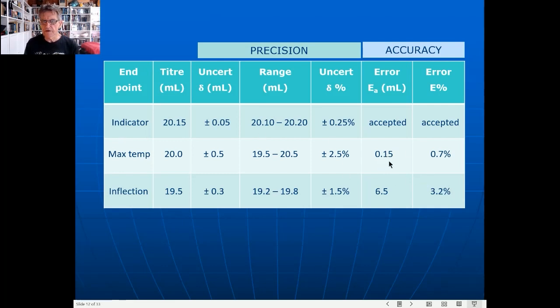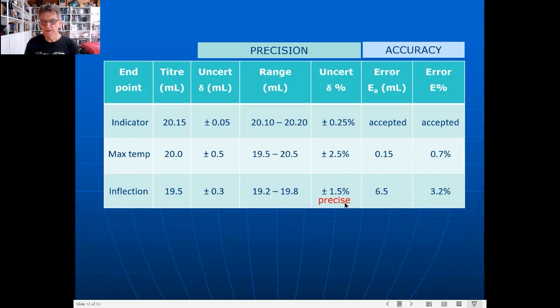Now what you'll notice is this value here is quite low compared to the inflection point, but here that value is quite high compared to this one. So let's try and interpret this. Now the inflection one, we're talking about precision. So this has the lower percentage uncertainty of these two.